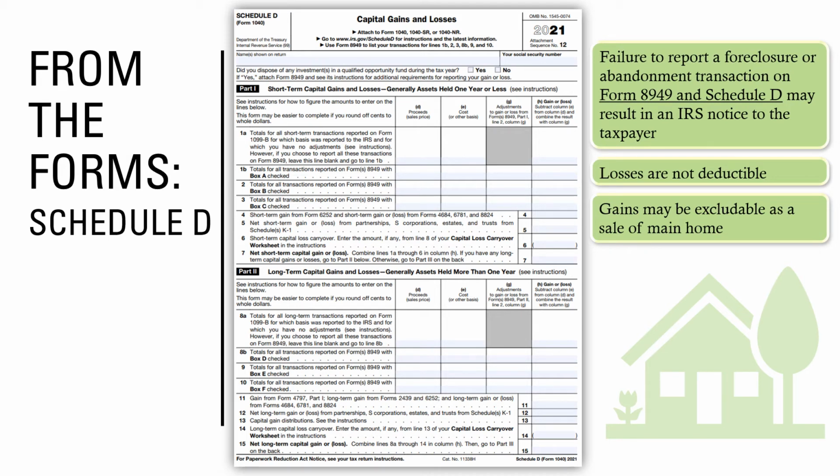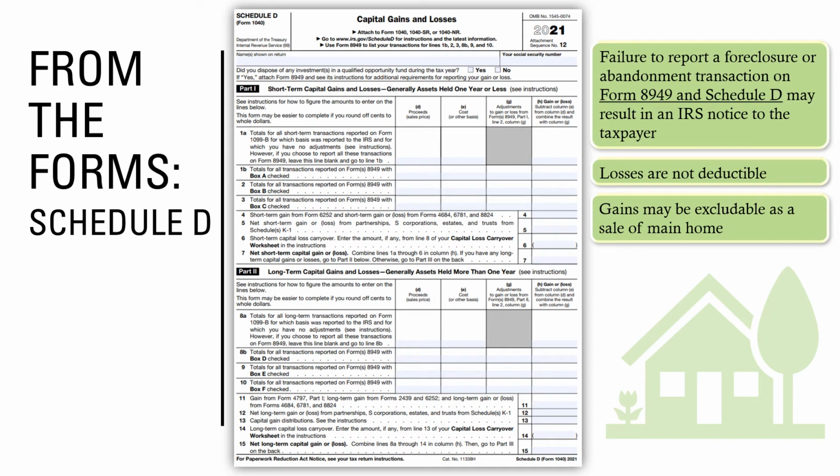And when we have a sale of property, we need to report that on Form 8949 and Schedule D, and that's where we're reporting the things like the sales proceeds and the adjusted basis to figure out that gain or loss. And it's really important to make note that if there's a failure to report a foreclosure or an abandonment transaction on the 8949 and Schedule D, the IRS is maybe going to be coming back to our taxpayer to ask questions.